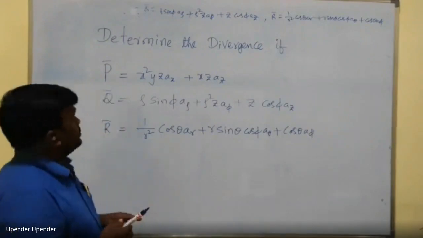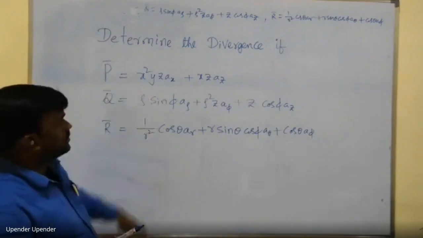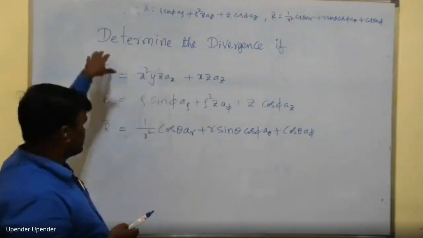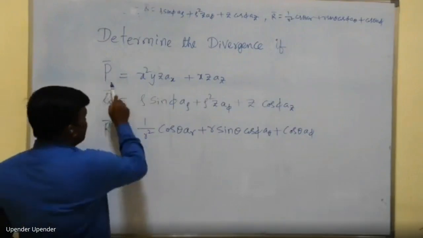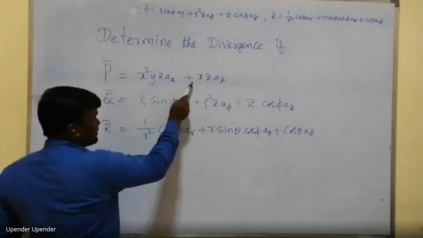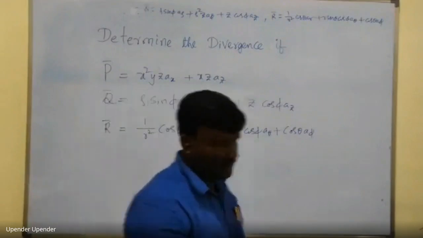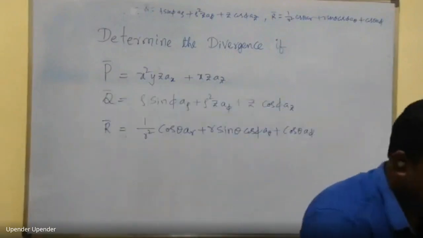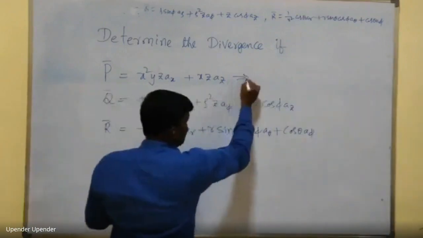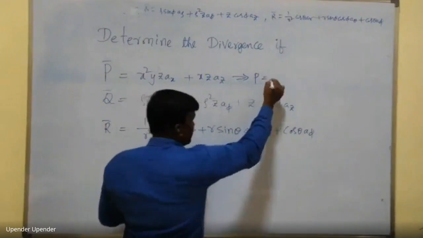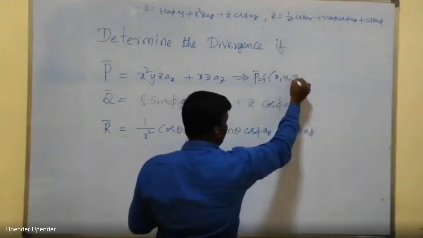Okay? So here we have some vectors p bar, q bar, r bar given like this. We need to determine the divergence for these given vector fields. Here p bar is equal to x square yz ax plus xz az, means this p bar is a function of x, y, z.